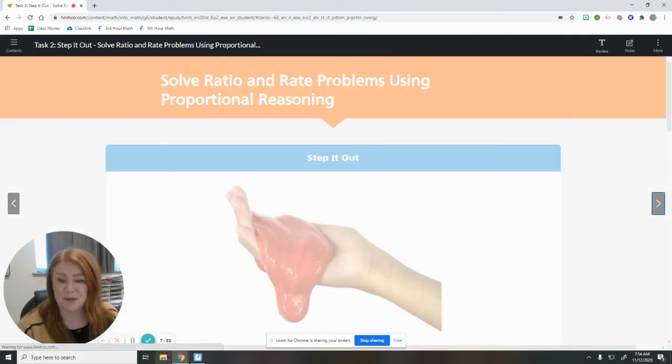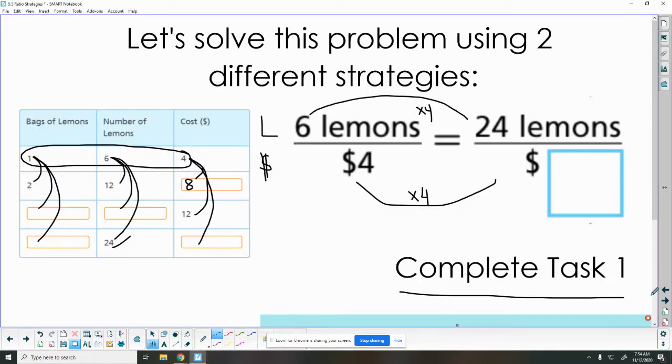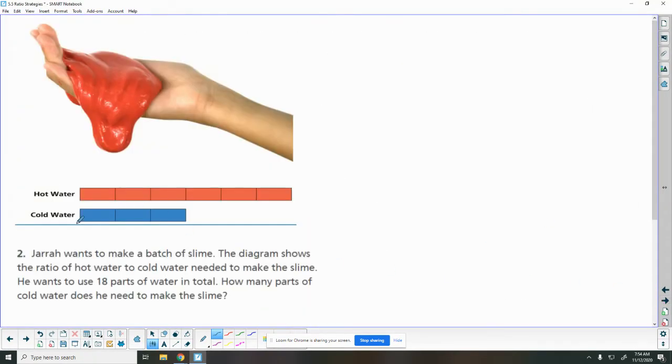So task 2 is about some slime here. Jara is making a batch of slime, and our diagram here, so our tape diagram, shows the ratio of hot water to cold water. So I have 1, 2, 3, 4, 5, 6 parts of hot water, and cold water is 1, 2, 3.